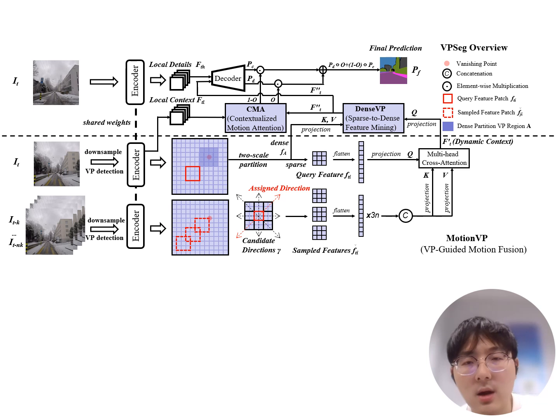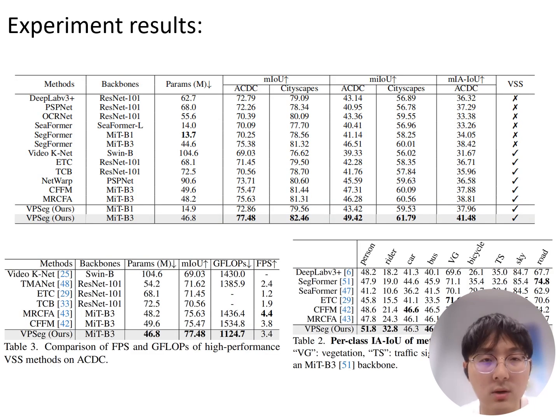In CMA, augmented dynamic context interacts with local context to generate the detailed attention map, guiding its merging with high-resolution local details for the final prediction. These are the quantitative results of our method on two popular benchmarks, ACDC and Cityscapes.